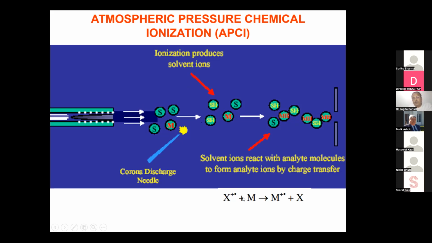This is how it happens: the solvent reacts with your molecule, and your molecule gets ionized. So this is atmospheric pressure chemical ionization. It has transformed the application of liquid chromatography in every field of science, because many samples are in the liquid phase, not in the gas phase.